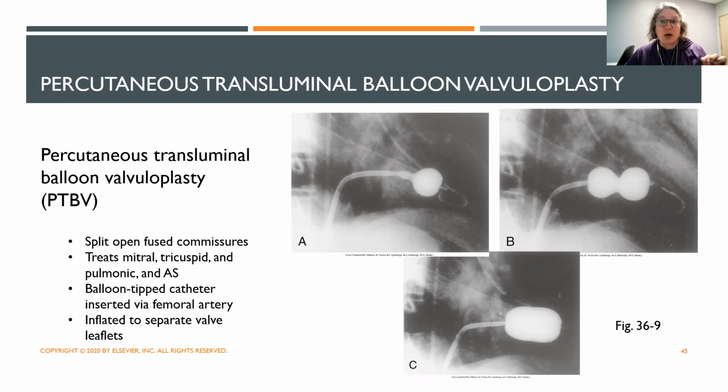So what we do is we start in the femoral artery, way down in the hip groin area, and we move it all the way up into the heart. If we use an arterial approach, we'll come and do the left side of the heart. If we use a venous approach, we'll do the right side of the heart.